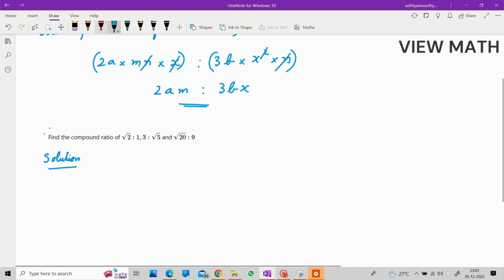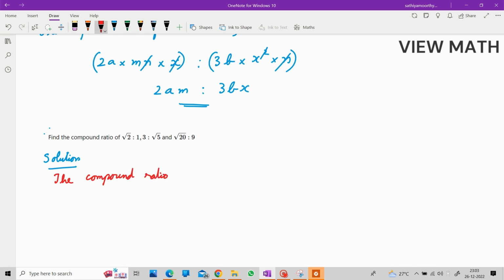The compound ratio of root 2 is to 1, 3 is to square root of 5 and square root of 20 is to 9.